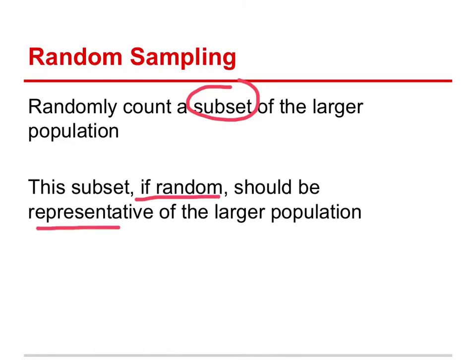That means proportionally, if you counted 1/10 of the size or the area of that population, it should represent the entire population. It should be 1/10 of that entire population.